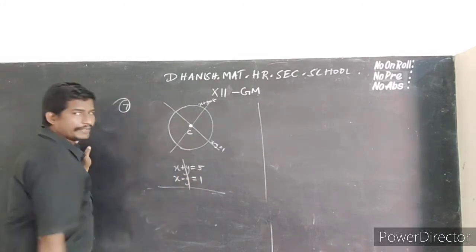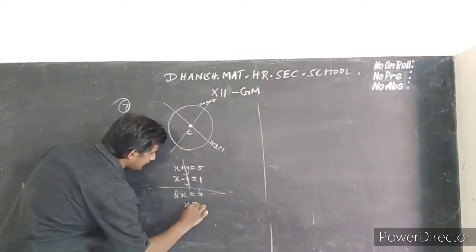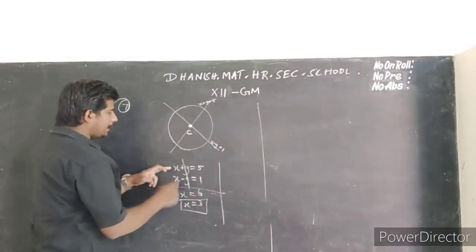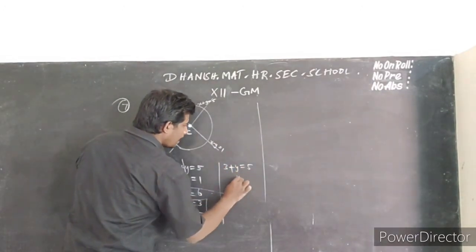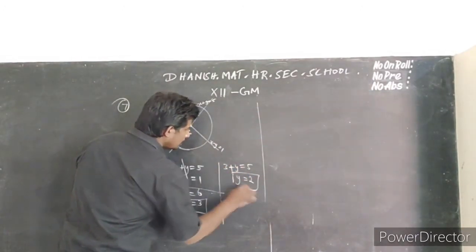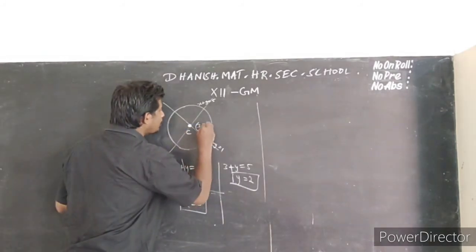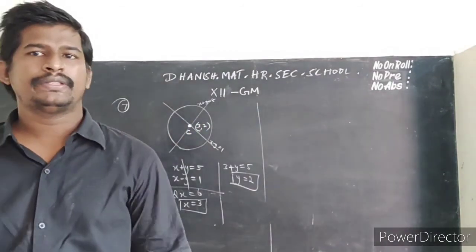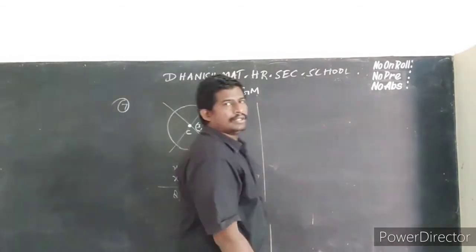So the y terms will get cancelled. What's remaining? 2x equal to 6. Our x is 3. Now I'm going to substitute x as 3 in equation number 1. So 3 plus y equal to 5. Y equal to 2. So our point of intersection, 3, 2, can be taken as the center of the circle.